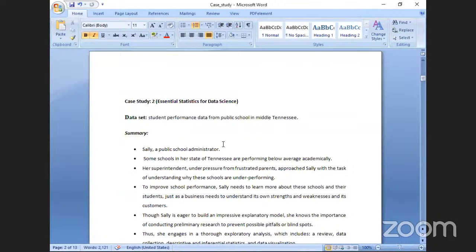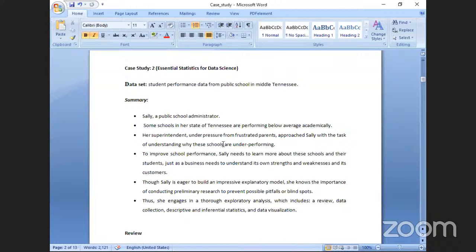Students' performance data was taken from the public schools available in that region. Now, let me give the summary about this particular problem.